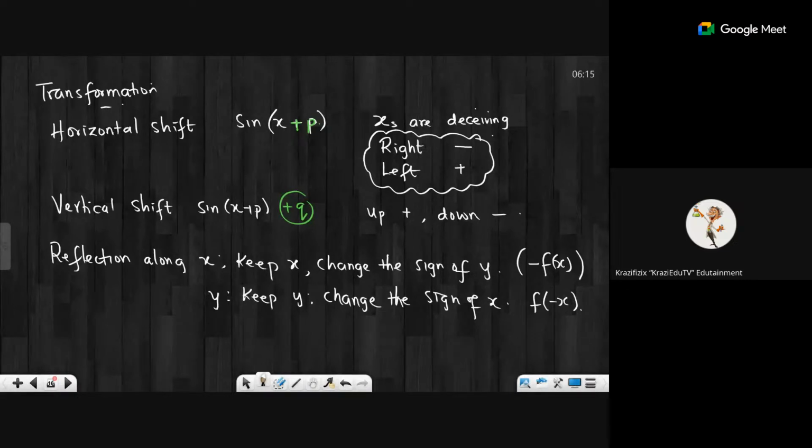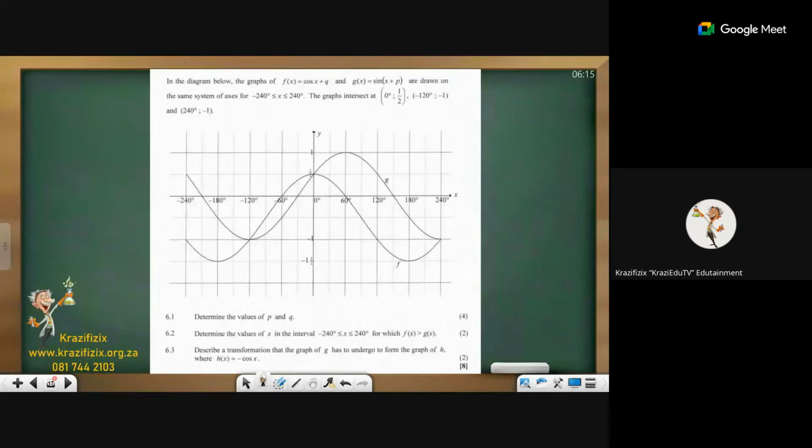All right, let's look at this quickly. 8 marks. So we can afford to get these 8 marks as quickly as possible.